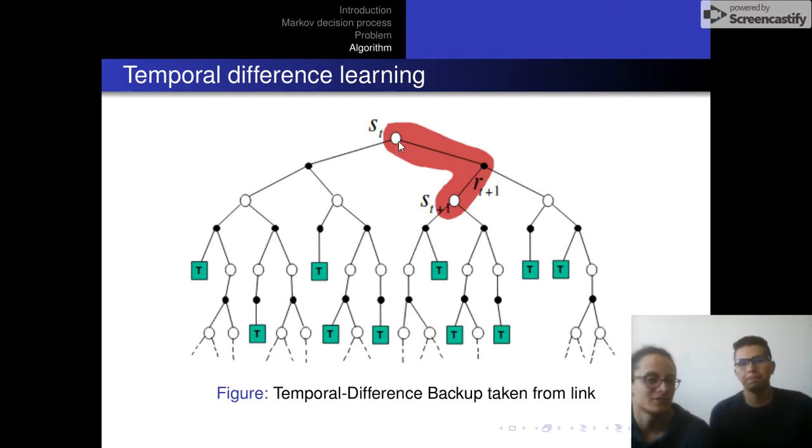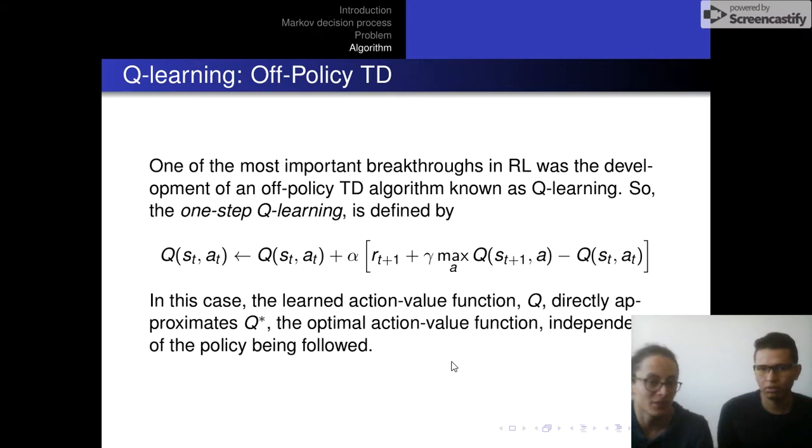So temporal difference only takes one step, like a bootstrap from Monte Carlo, but with something similar to dynamic programming. One of the most important algorithms in reinforcement learning is Q-learning.